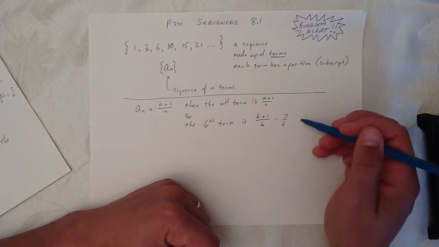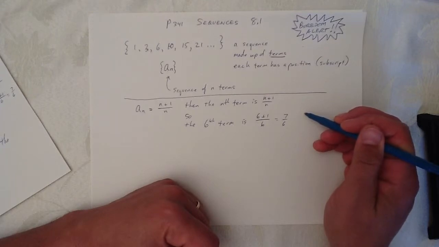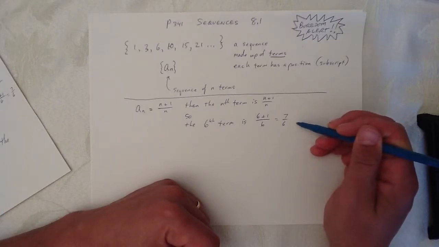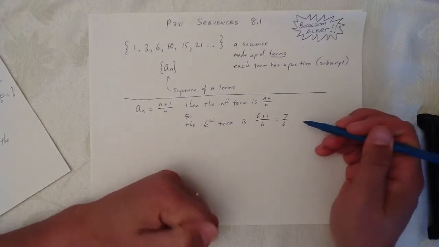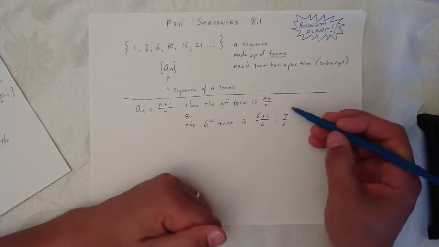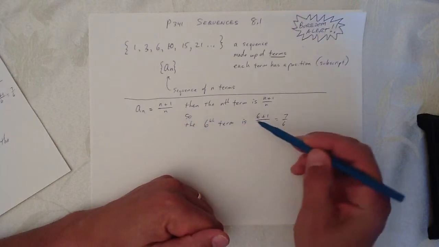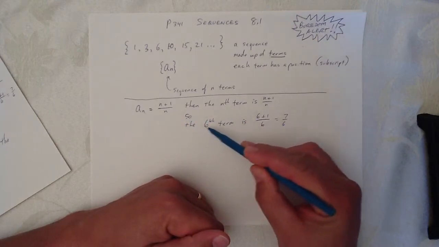Give you a quick example. If I've got a bacterium or some kind of an infection and it grows at a certain rate and I know what that rate is, the rate per hour or per day, and I want to know how many microbes I'm going to have after 24 days, for instance, knowing the function and knowing how the sequence works, I can calculate the nth term.